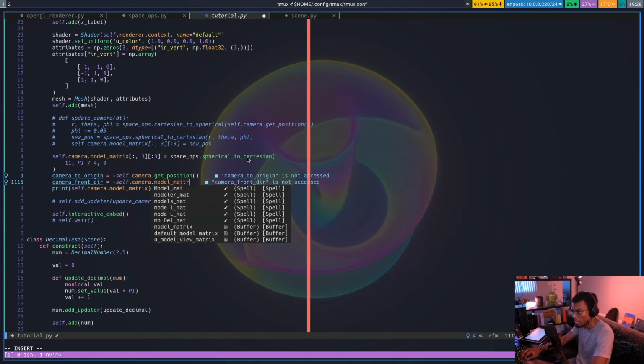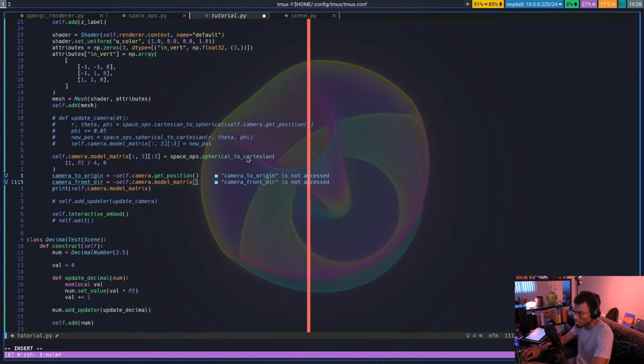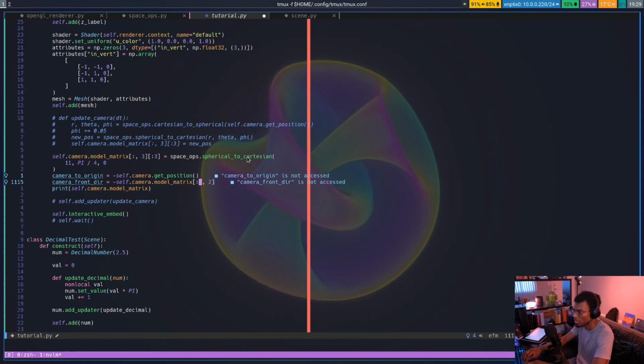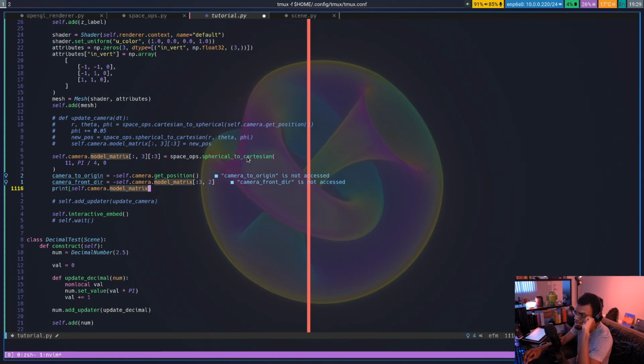Model matrix at 2. Okay, so it's all rows. Second column. Wait, it's not all rows. It should be like this, I think. Right?